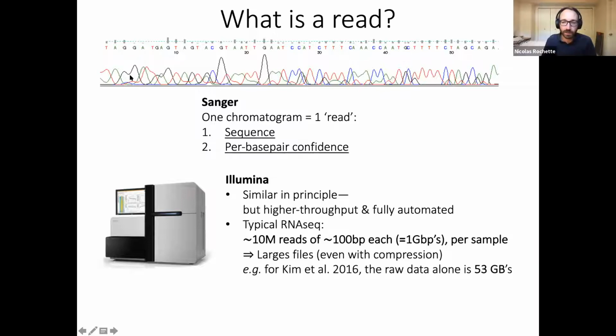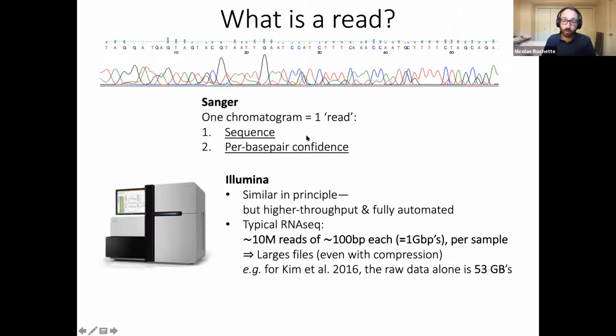But in other cases, it's going to be a bit less clear, and we see things that are a bit messy. So not all bases are going to be as reliable as all the others. Some bases are going to be very clearly A, like this one, and some bases like this A here could also be a G because there's a lot of black as well.